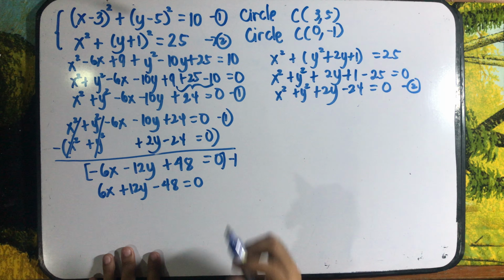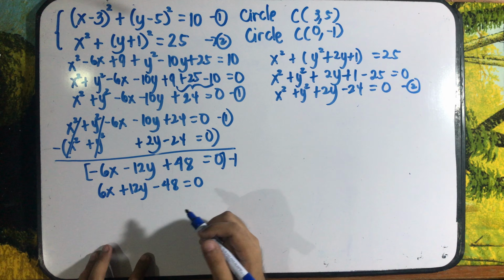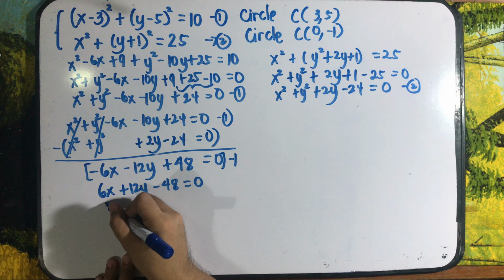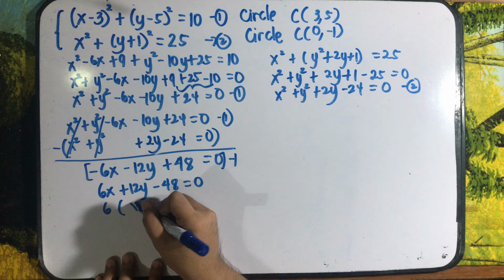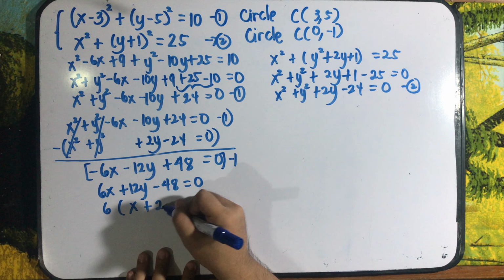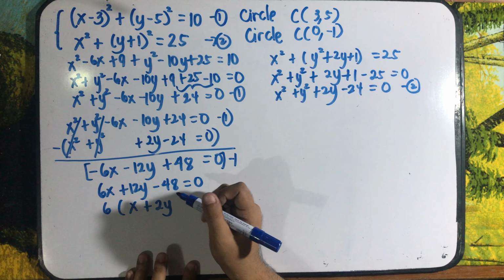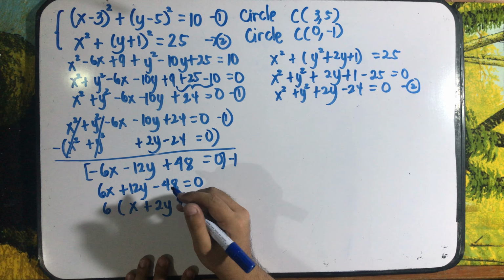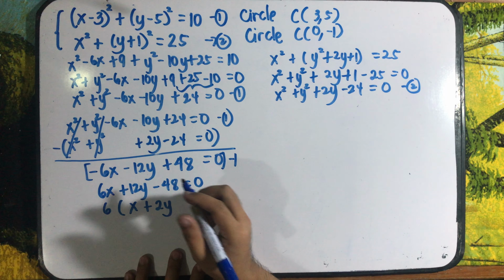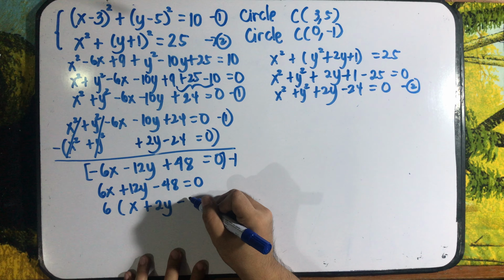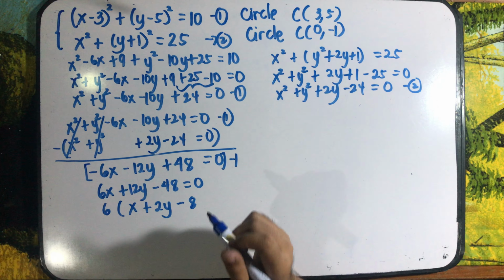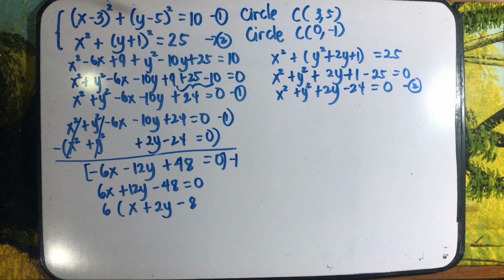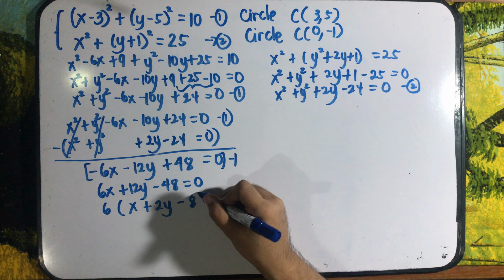In this case, I will now be factoring out 6, and this becomes 6 times x plus 2y, and for the 48, that becomes negative 8, and this is equal to 0.